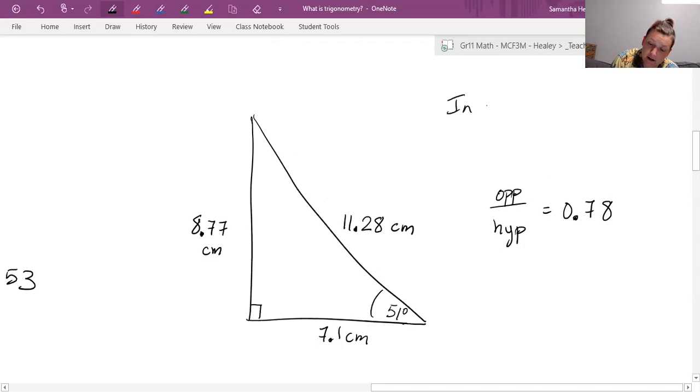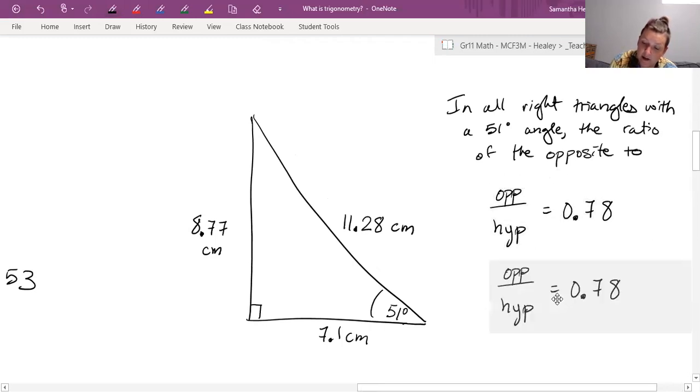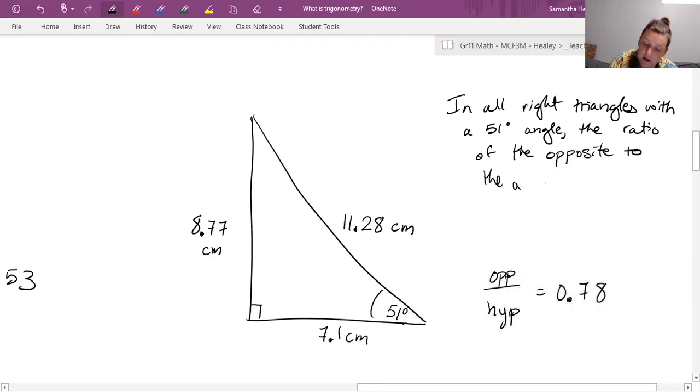You could say, in all right triangles with a 51-degree angle, the ratio of the opposite to the hypotenuse sides is 0.78.